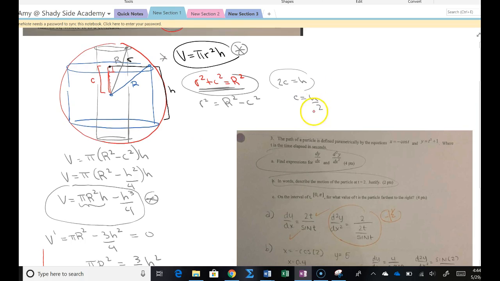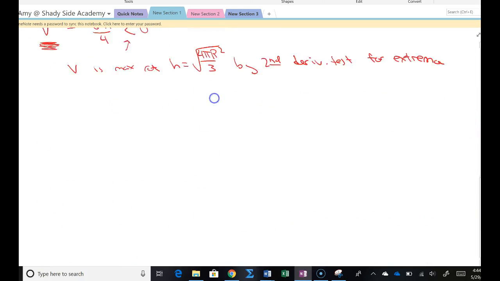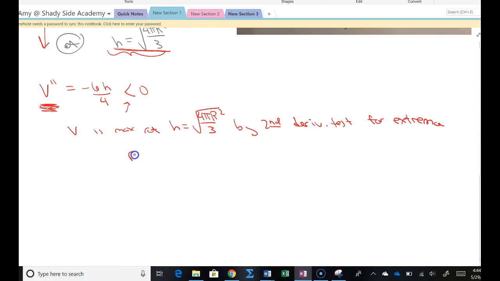h is this. That means r squared plus c squared equals capital R squared. Okay, so if r squared plus c squared equals capital R squared, then the radius is going to be the square root of capital R squared minus c squared. And c is just half of h.